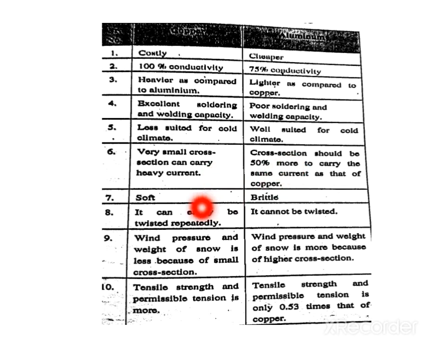Copper is very soft and aluminum is brittle. Copper can be easily twisted and used again and again, but aluminum we can't twist and reuse repeatedly.